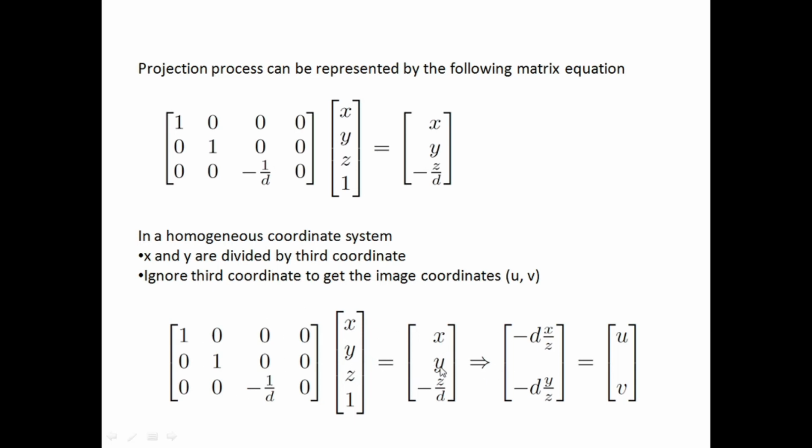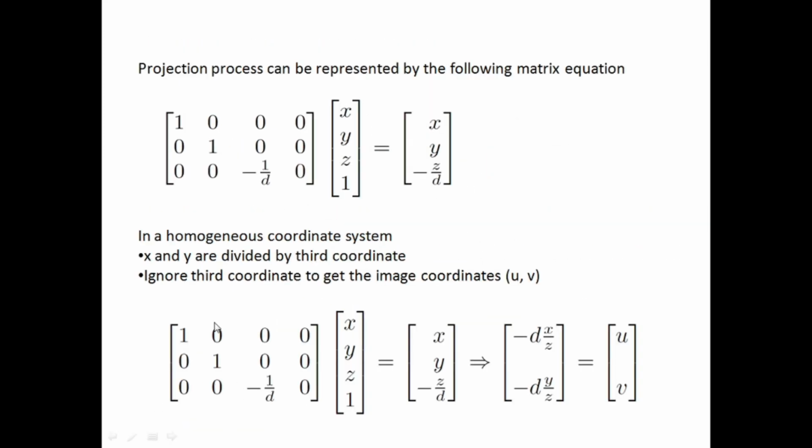That means I am just dividing by the third coordinate of the image, because this is my homogeneous pixel coordinate. If I want to get it in a normal form, I definitely need to divide the first two coordinates by the third coordinate. So minus dx by z, minus dy by z, and this is u comma v. In this way I obtain the pixel coordinates.